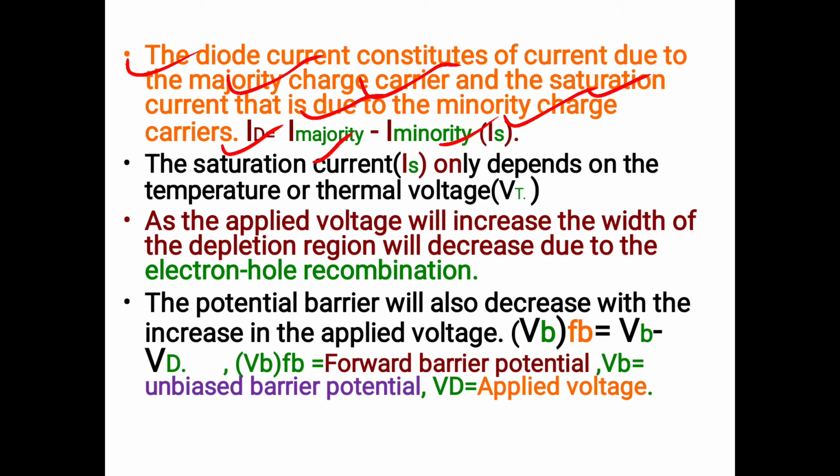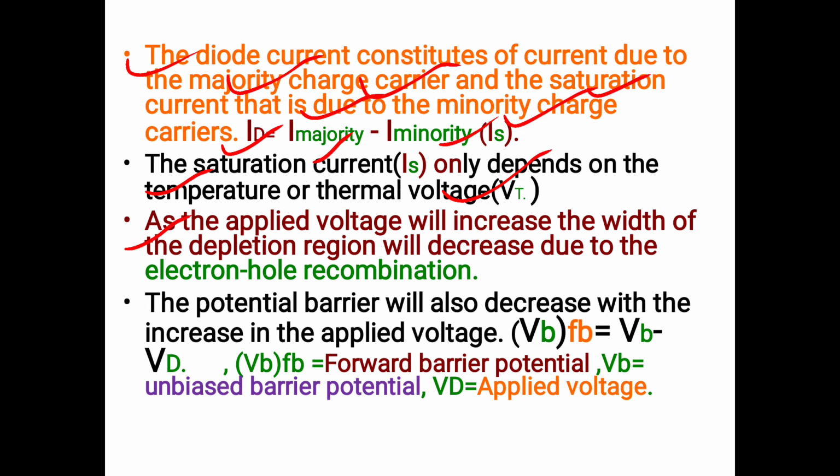Here I minority is the saturation current. The saturation current depends only on the temperature or the thermal voltage. It is independent of the biasing.